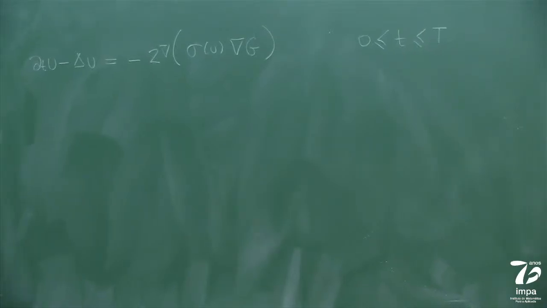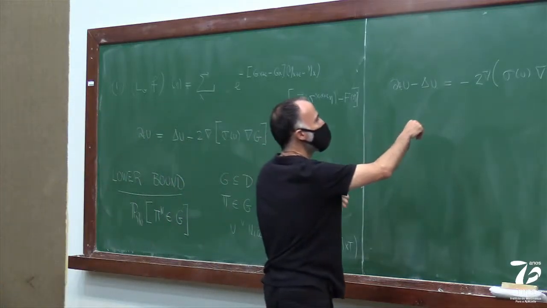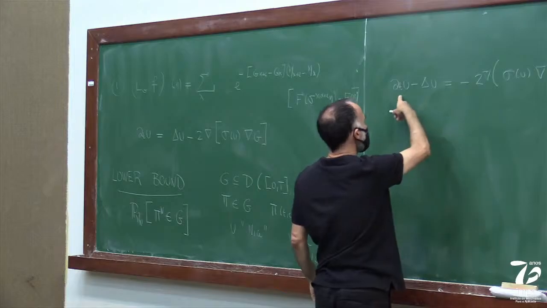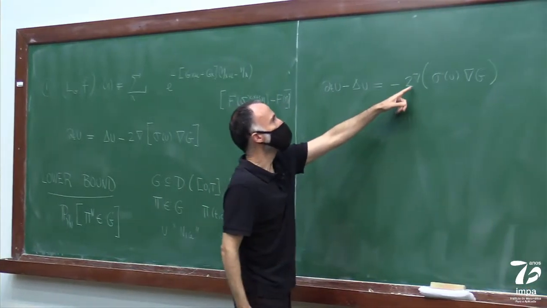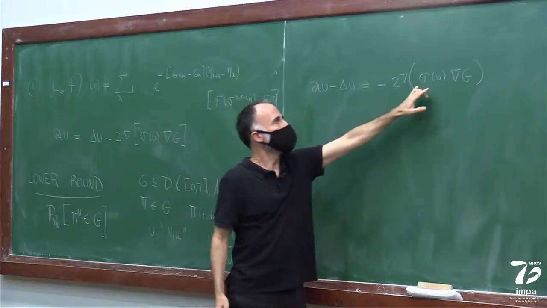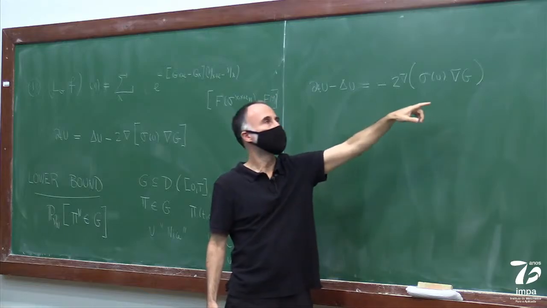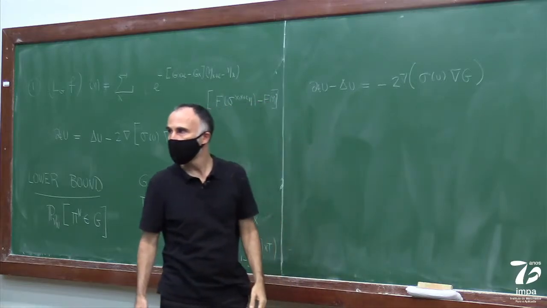I fixed u, a nice u. Now, given that u, for each t, I find a solution for this equation. How do you prove that? How do you solve that? Well, you integrate it once, you divide that by sigma, you integrate it again, and you get g.